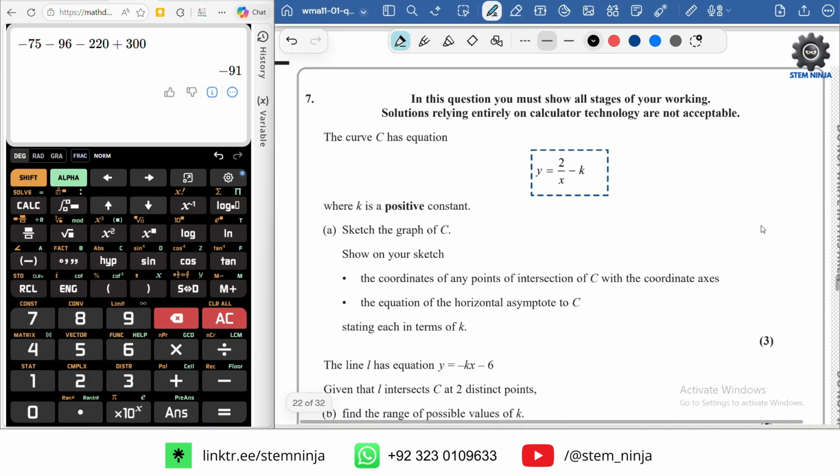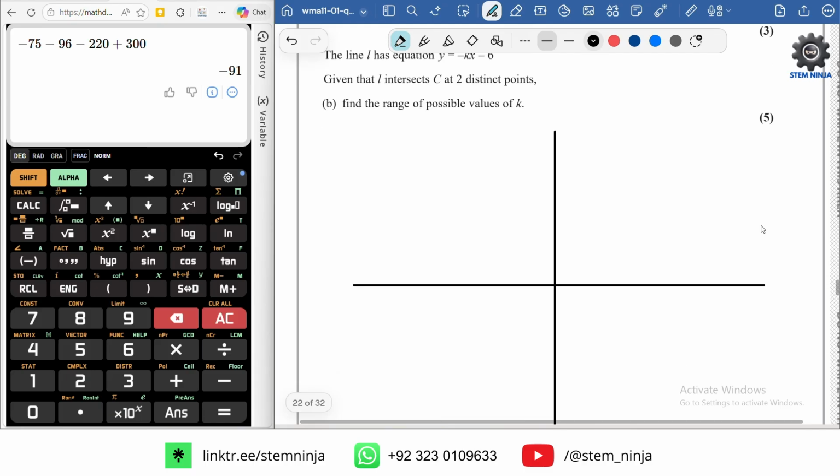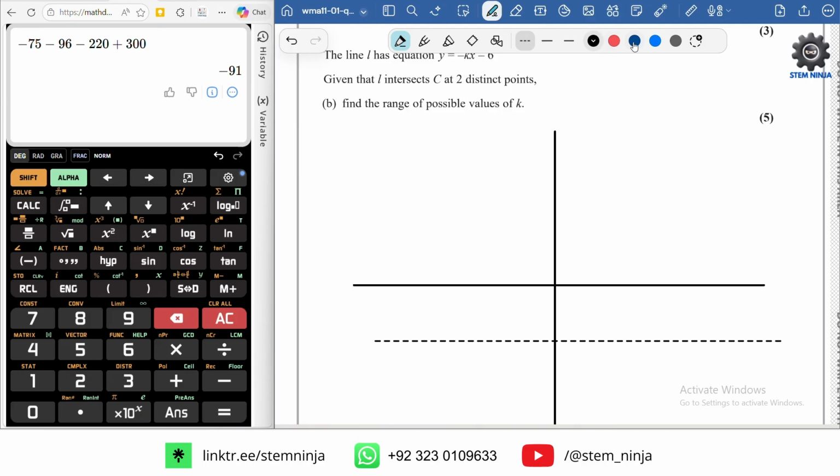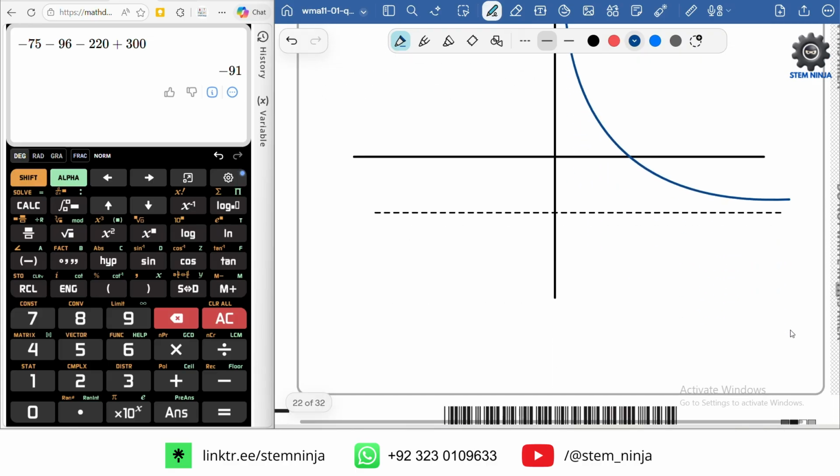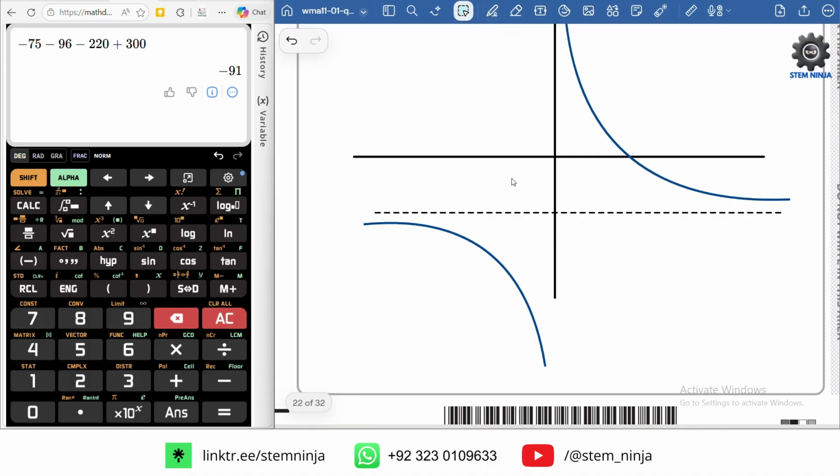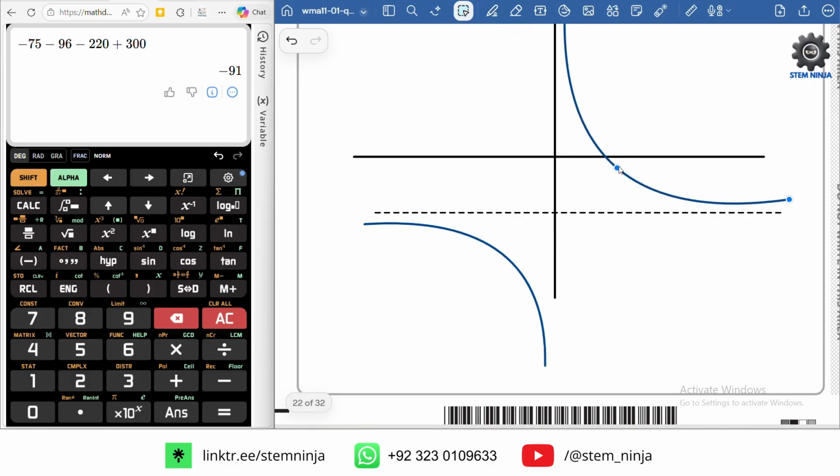So minus k means that this is the asymptote. So just like this, the graph goes like this. Since you're doing this on paper with a pen or pencil, you can adjust it better.